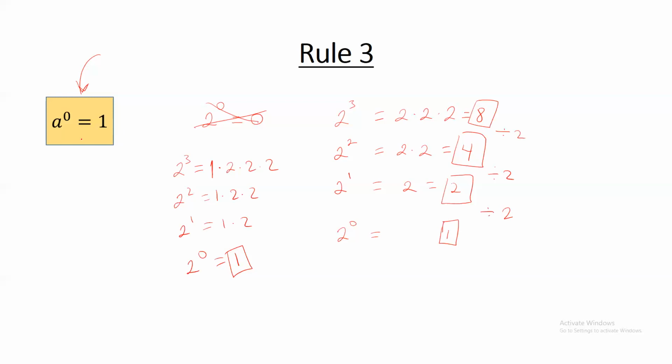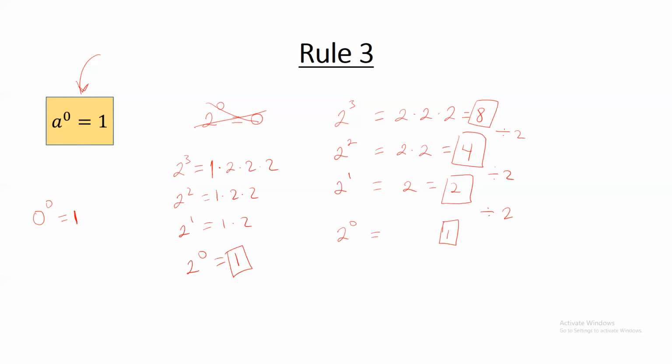Just make sure you understand what this rule means: any number, even 0, when you raise it to the power of 0, the answer is always 1, right? Because I start with 1 and I multiply it by 2, 0 times. I don't multiply 1 by 0 at all. It never changes. So any number to the power of 0 equals 1.